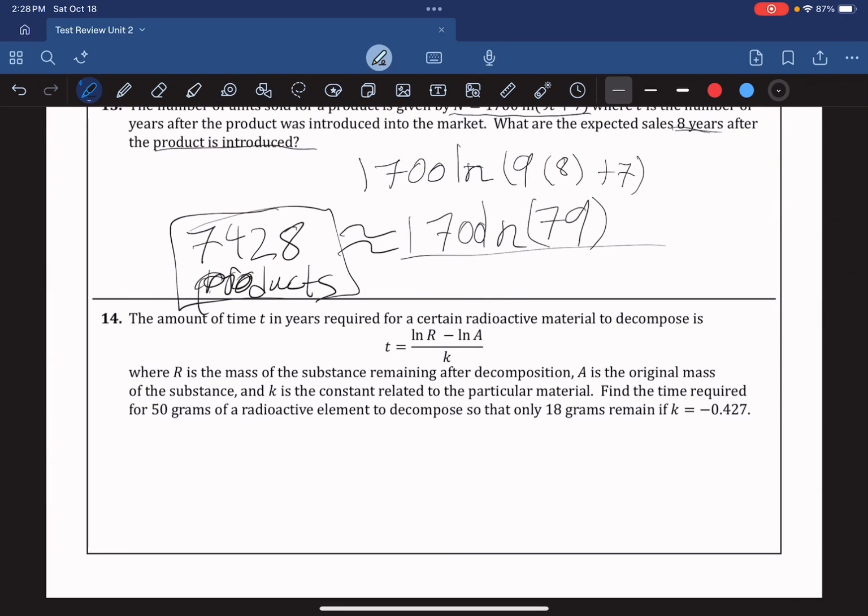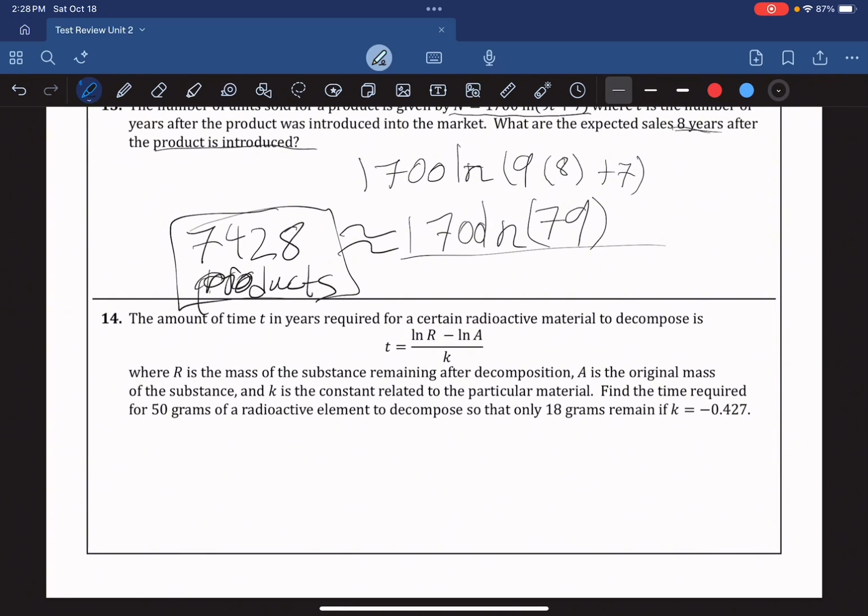Alright, so the amount of time in years required for a certain radioactive material to decompose is T equals (ln R minus ln A) over K, where R is the mass of the substance remaining after the decomposition, A is the original mass of the substance, and K is a constant related to the particular material.